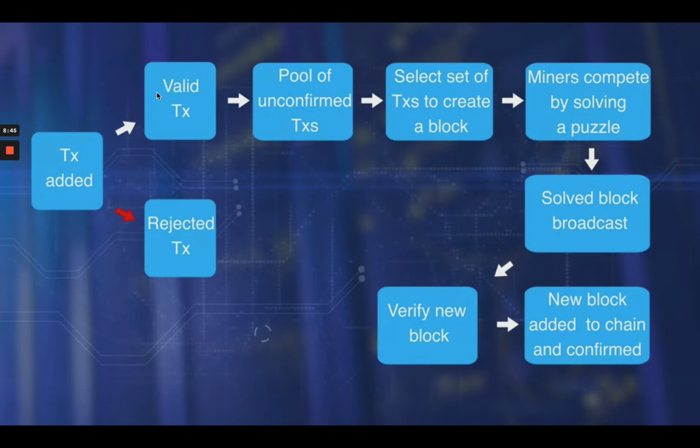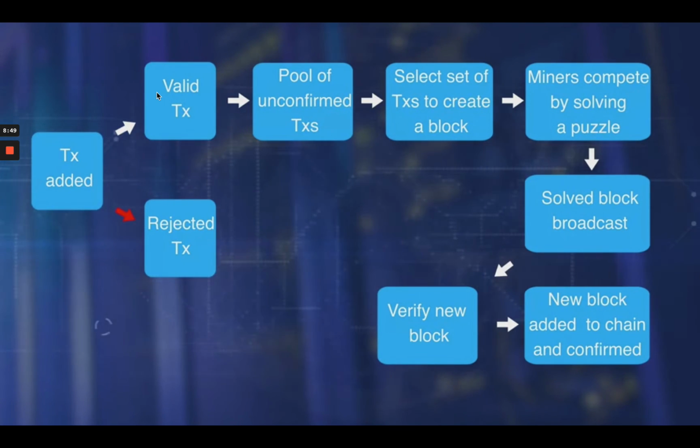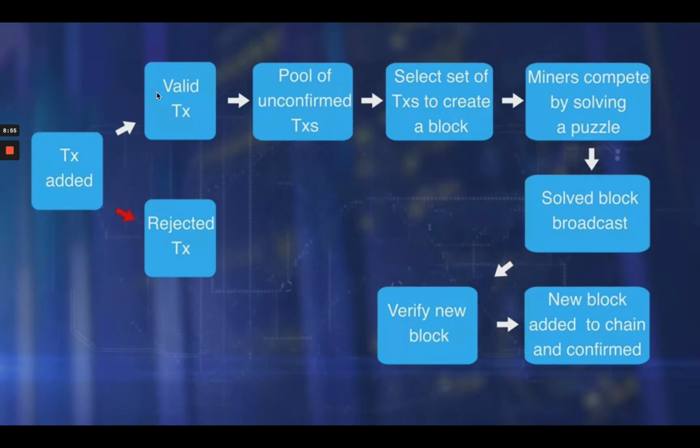Then other participants verify the new block. Participants reach a consensus to add a new block to the chain. This new block is added to their local copy of the blockchain. Thus, a new set of transactions are recorded and confirmed. The algorithm for consensus is called proof of work protocol, since it involves work or computational power to solve the puzzle and to claim the right to form the next block.